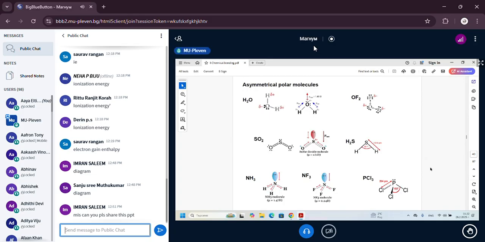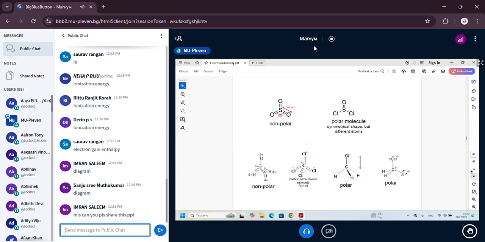And to complete this, next examples on this slide. We have the non-polar molecule of sulfur trioxide. It is non-polar because there are three oxygen atoms.